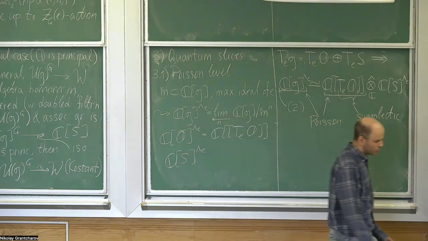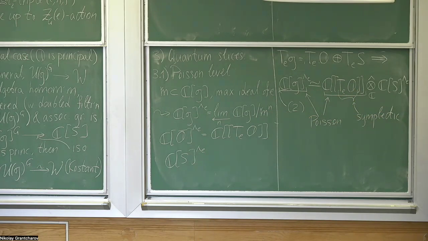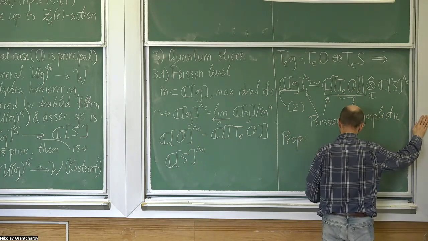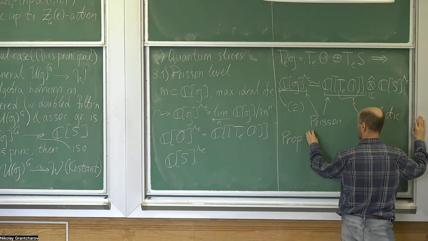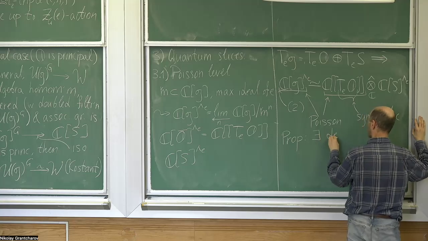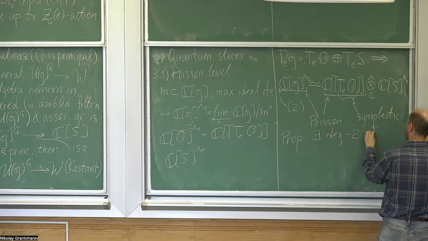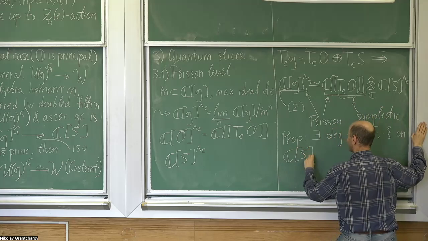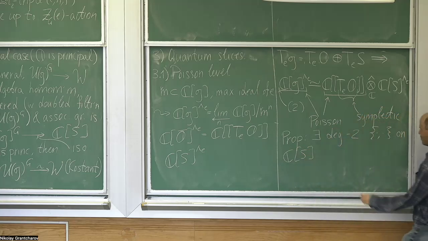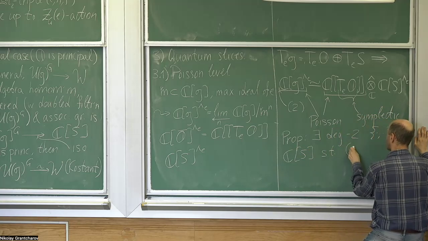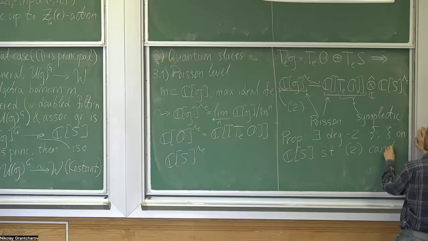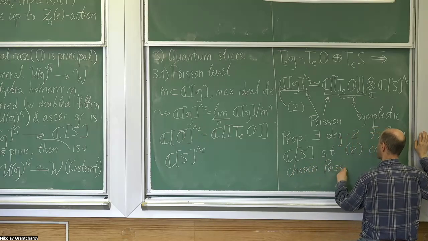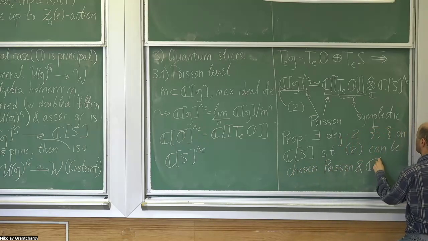And so here is what I want to do. Proposition: there is a degree -2 Poisson bracket on C of S with the following property, such that this isomorphism 2 can be chosen Poisson and C times equivariant.